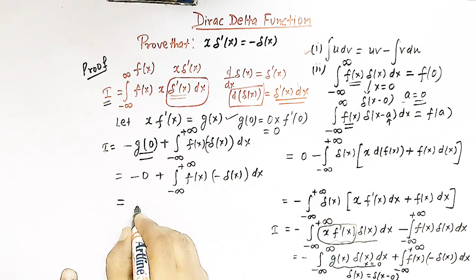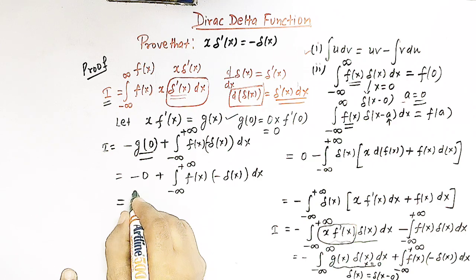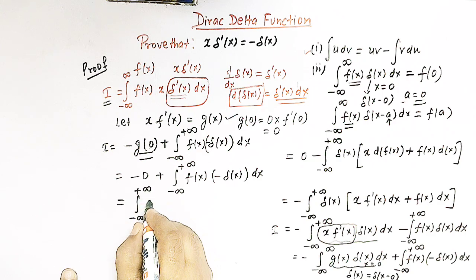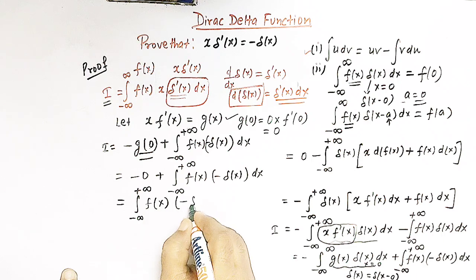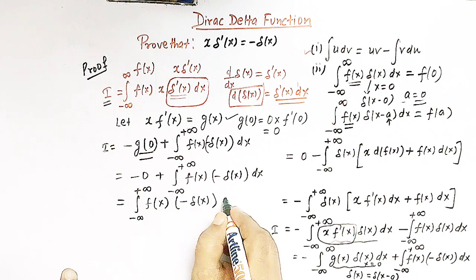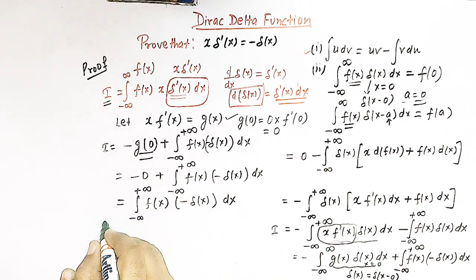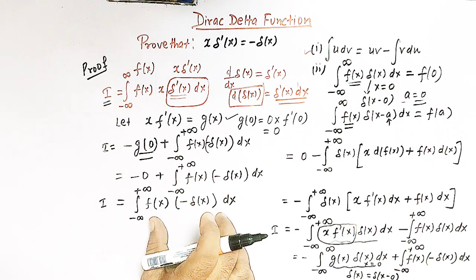So this is equal to the integral from minus infinity to plus infinity of f of x times minus delta of x dx. So the value of the integral I is now equal to this integral.